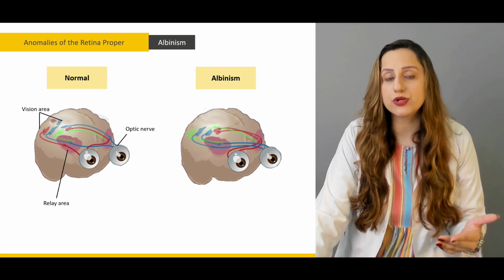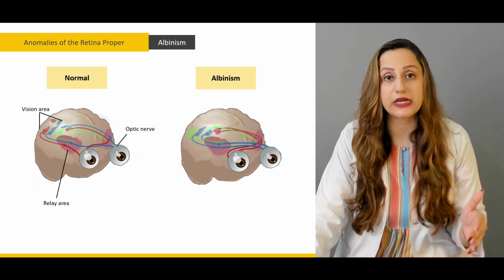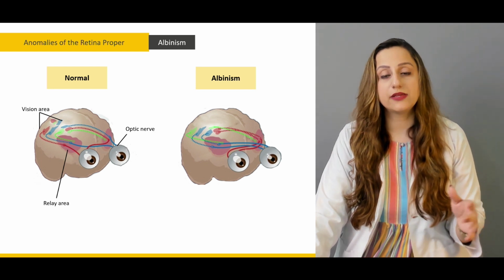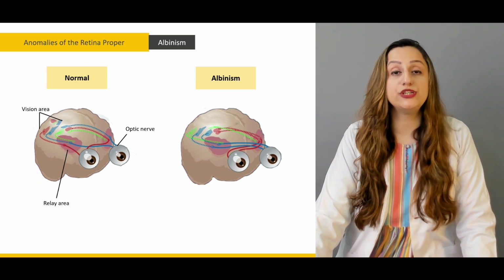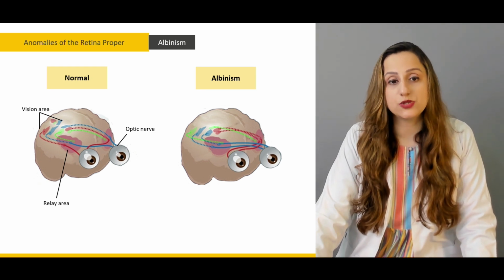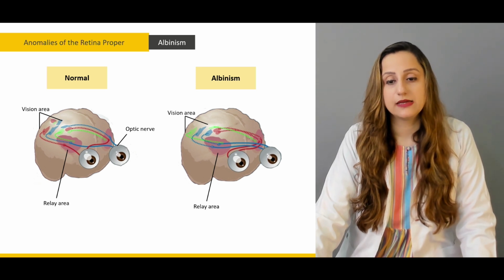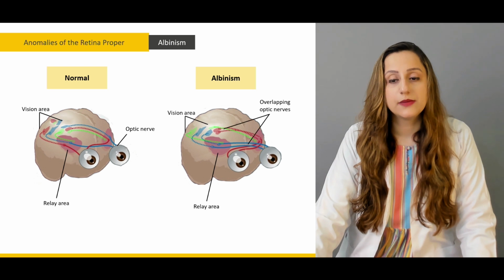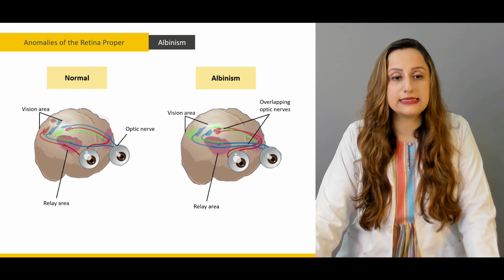The images are not going to be quite fast. Over here, the central vision is going to be affected in these individuals, and there are multiple reasons for the reduced visual acuity. The relay area is basically the same, it has no abnormality, but still there is an overlapping of the optic nerves that is seen in these individuals.